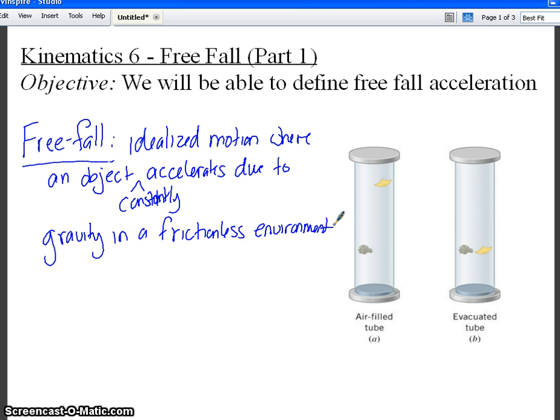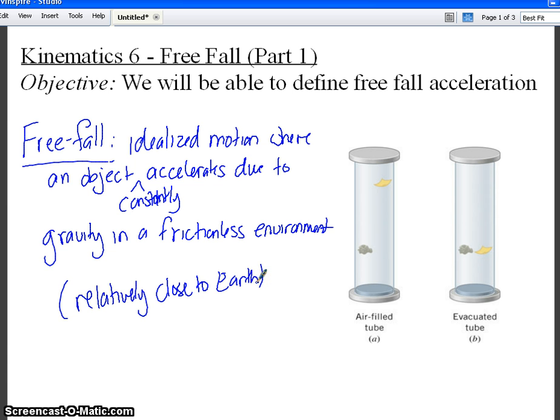So, basically what this is trying to say is if an object falls relatively close to Earth, it will accelerate constantly.